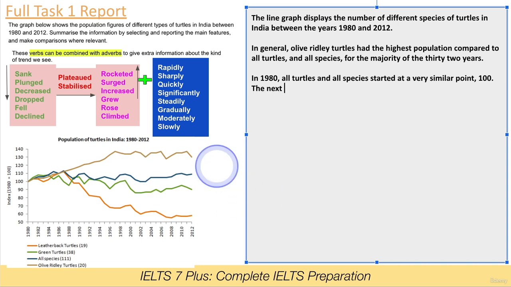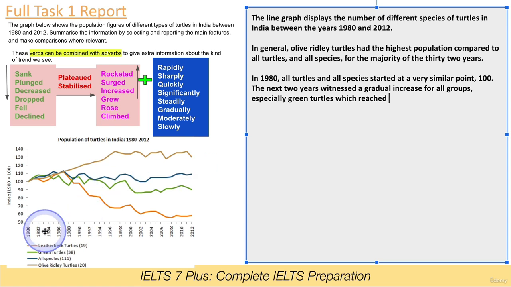The next 2 years witnessed a gradual increase for all groups, especially or particularly green turtles, which reached, in 1982, almost 110.